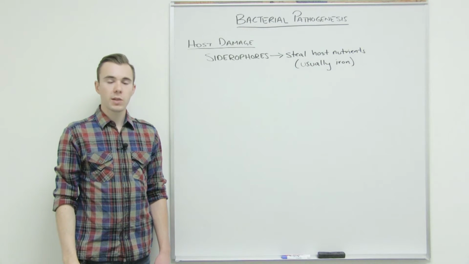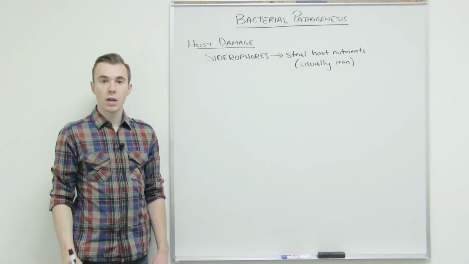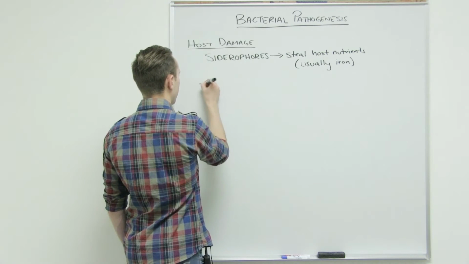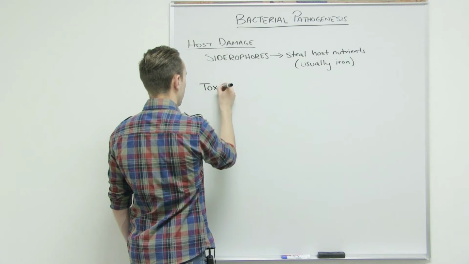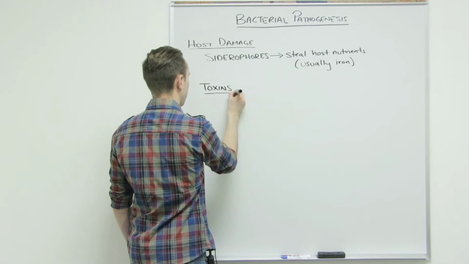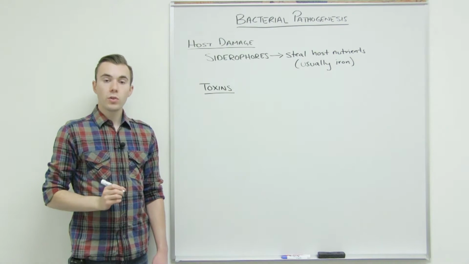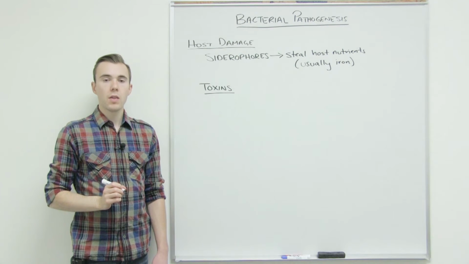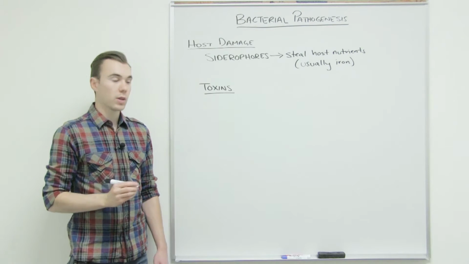The other way through which bacteria can cause damage is through toxins. There are two types of bacterial toxins. There are endotoxins and there are exotoxins.